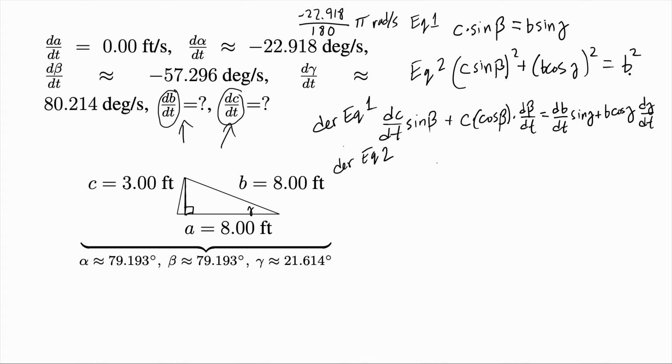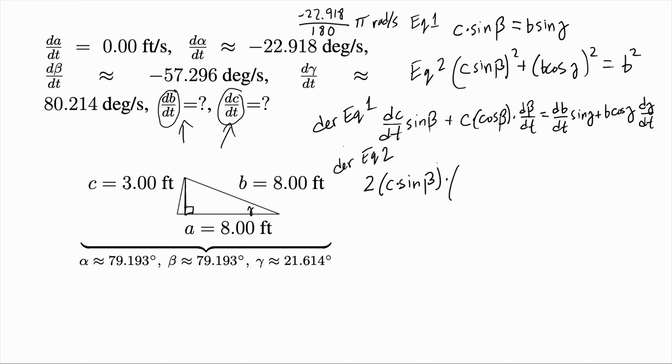Take the derivative of this part with respect to t. Right here, using the chain rule, you have 2 times c sine beta. We're using chain rule and power rule. So first, 2 times this, but then the derivative of the inside will have a product rule, right? C sine beta was squared.